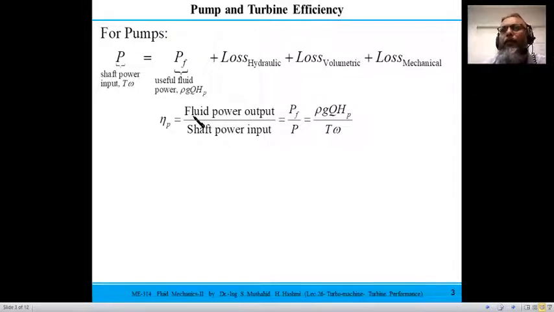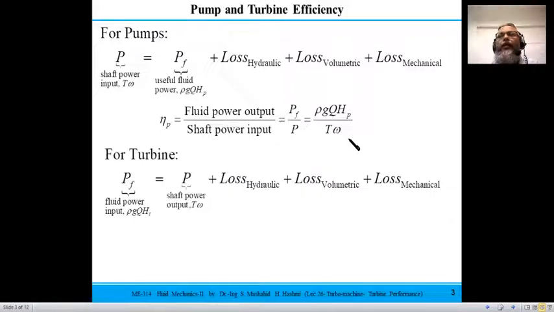In the pump, you are supplying power from your motor to the shaft, and then you need to supply that power to the fluid so that the head of the fluid is raised. That is your desired objective, and that is the power to the fluid, so the output is in the numerator. And for that desired output, you need to supply power to the shaft. That would be your input power. So that is the formula for your pump efficiency.